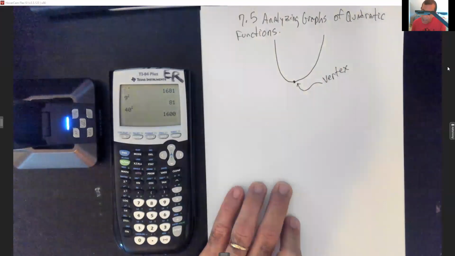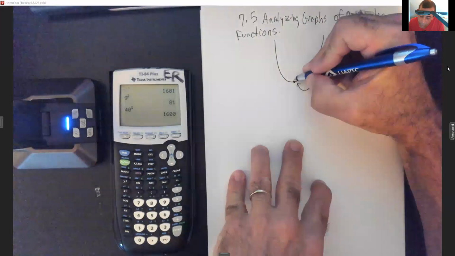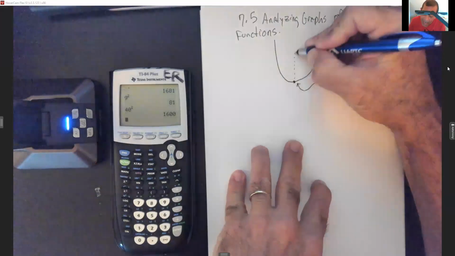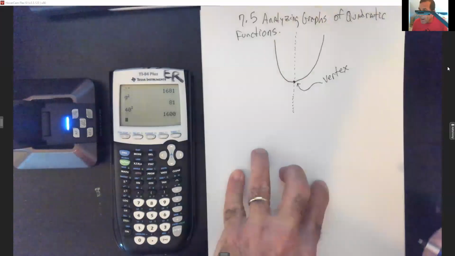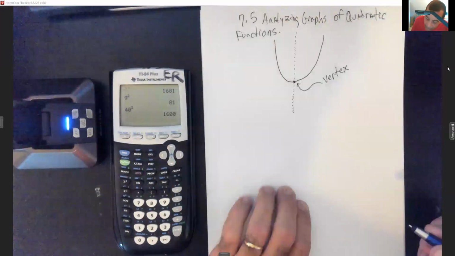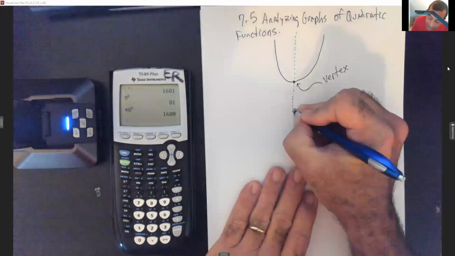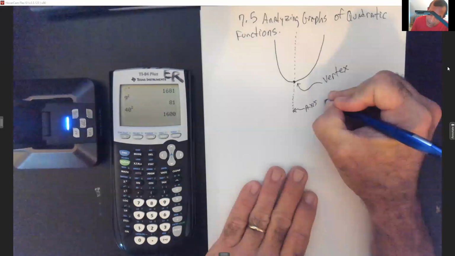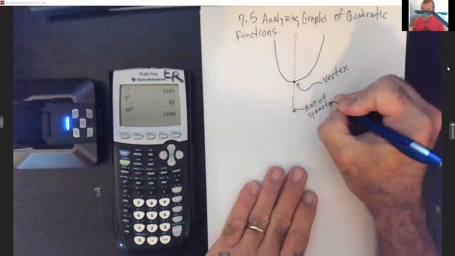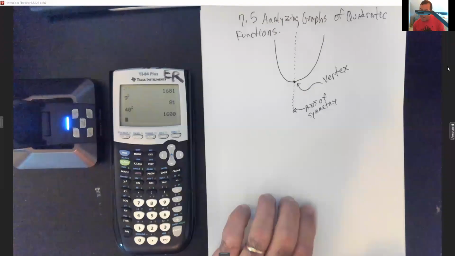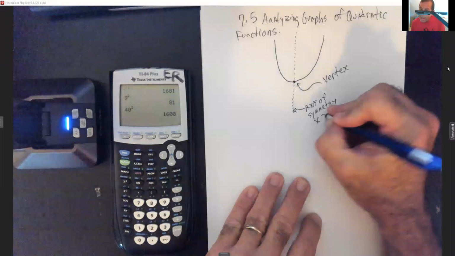Okay. Now, if you notice that center point on here, if you drew a vertical line through that vertex, you would cut that parabola in half. So this is what we call the axis of symmetry, because it cuts my graph right in half, and it's equal to the x value.